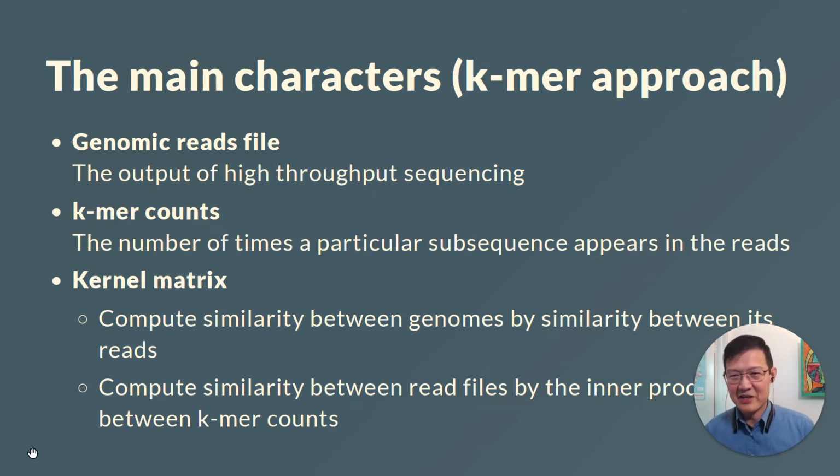It's called next generation sequencing right now. It's already more than 10 years old, but we still call it next generation sequencing. We get this file from this computer that reads the DNA, and using that, we compute what we call the k-mer count: we count the number of times the subsequence appears in these reads.